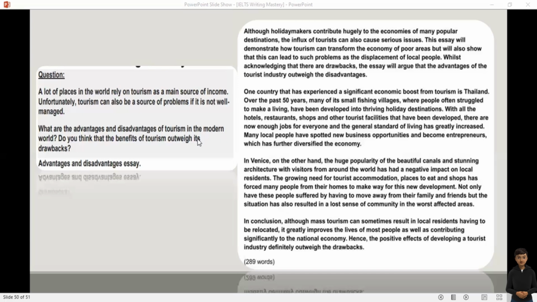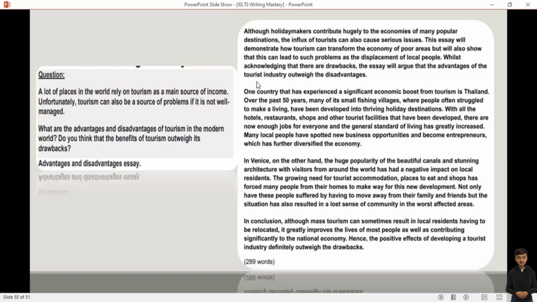Although tourists contribute hugely to the economies of many popular kinds of destination, here we are talking about holidaymaker tourists, the influx of tourists can also cause serious issues. This essay will demonstrate how tourism can transform the economy of poor areas, but will also show that this can lead to such problems as the displacement of the local people.